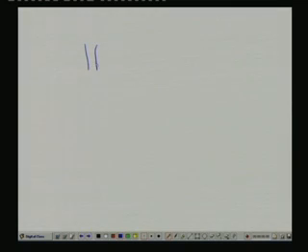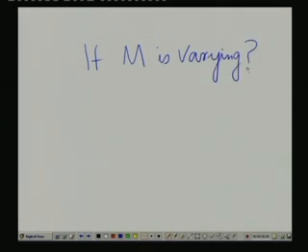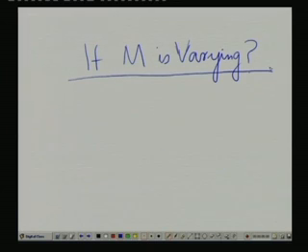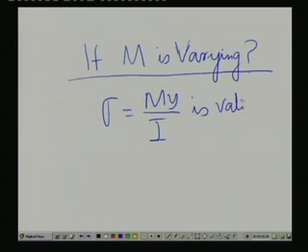But the question is, if M is varying, what happens? If M is varying, then of course the bending won't be pure. Then under this particular case, is sigma equals to M y by I valid? Then the answer is yes.